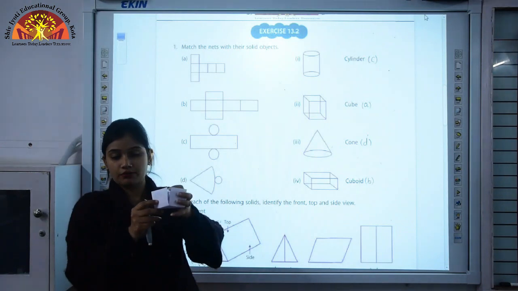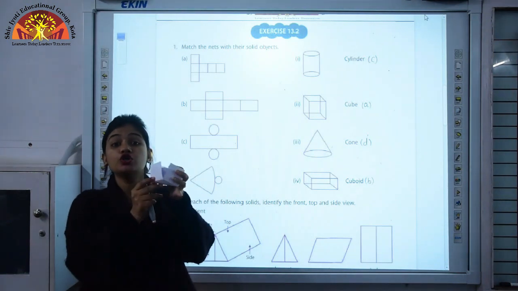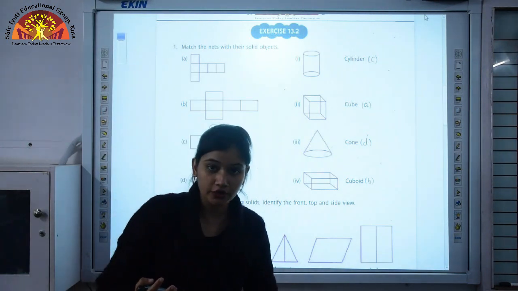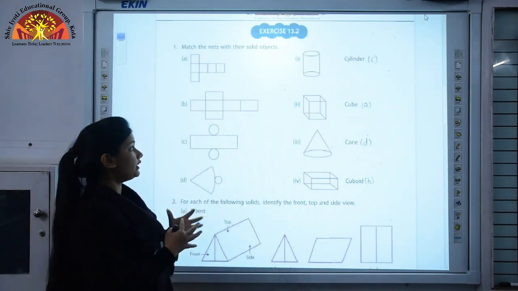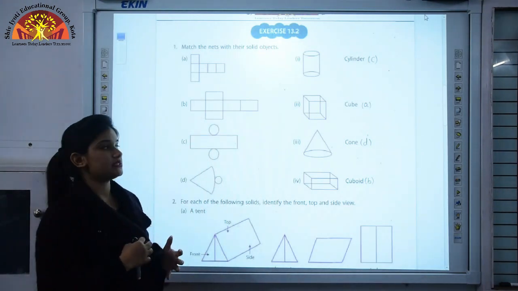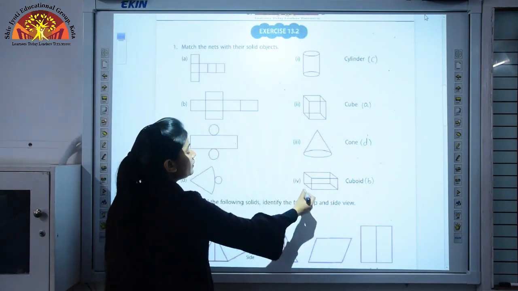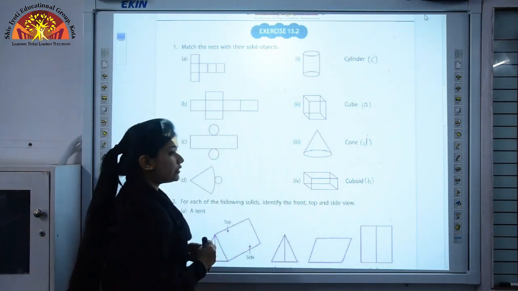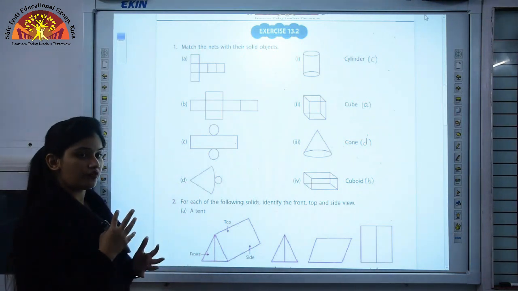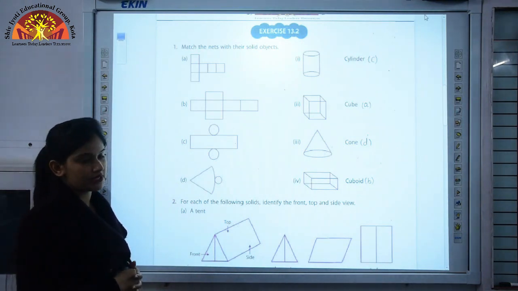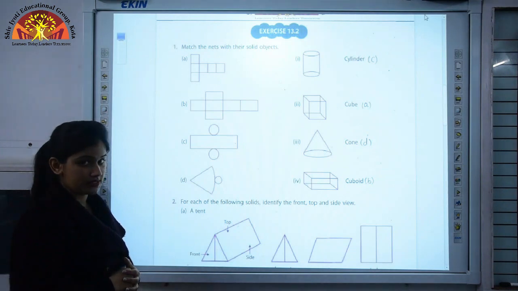So now what I am getting? I am getting a cuboid. मुझे क्या मिल गया? एक cuboid मिल गया. So if we will fold these rectangles, we will get a cuboid. So the answer will be fourth one. Here we can see cuboid. So in this way you have to identify the nets of a solid shapes and you have to find the correct option. Is it clear?